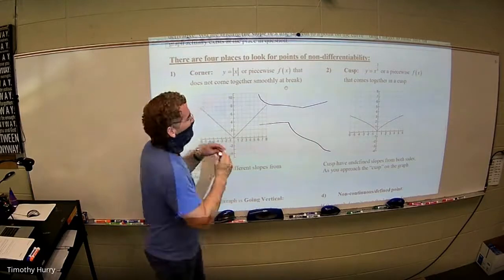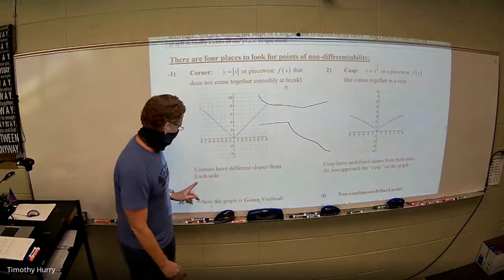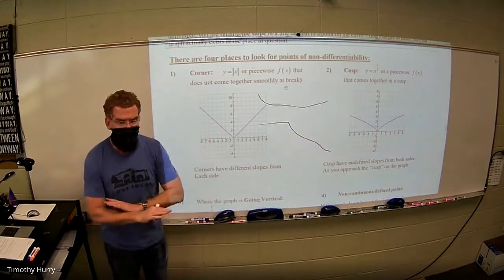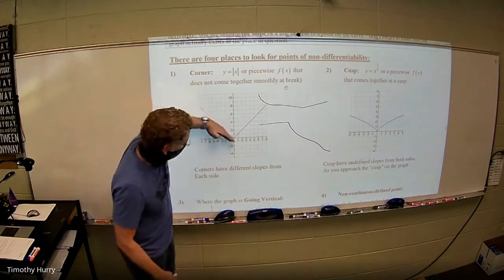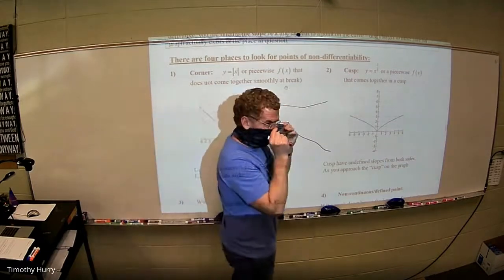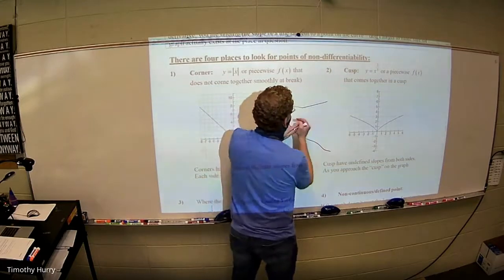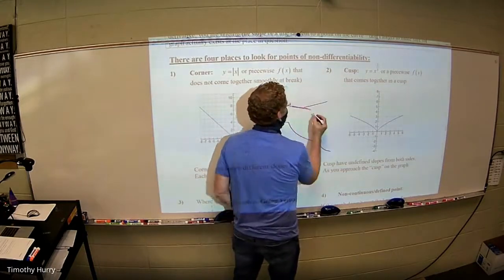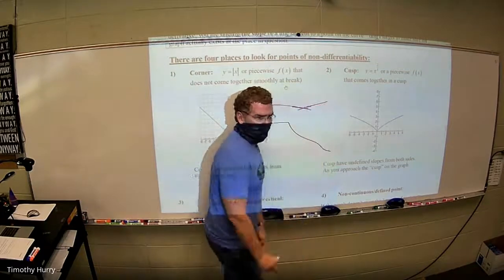So with a sudden change like that, the slope from one side is different from the slope from the other side at that spot. Even if I did the little limit definition, even if I bring this point closer and closer, this slope, and then I bring this point closer and closer, this slope, they're different.